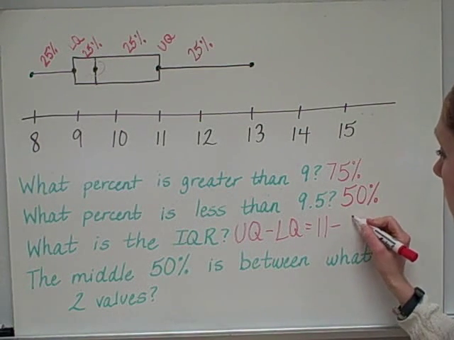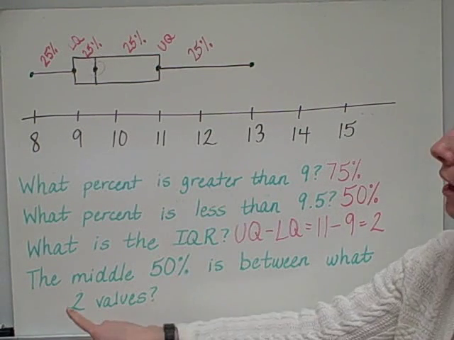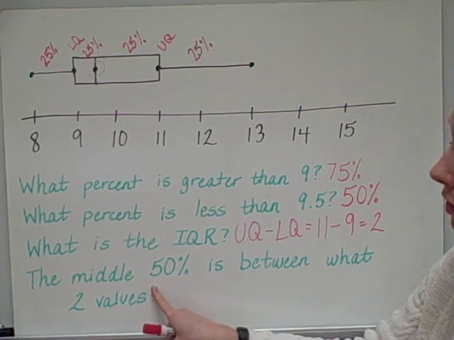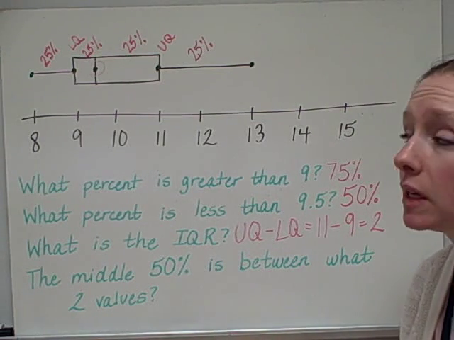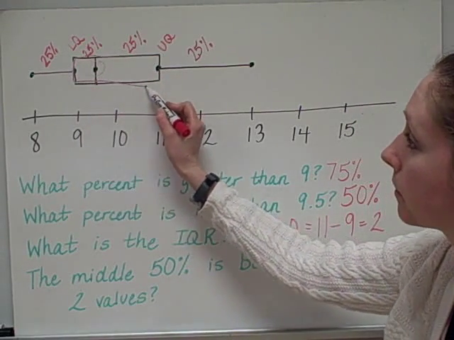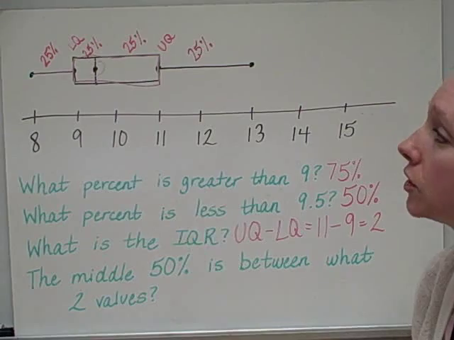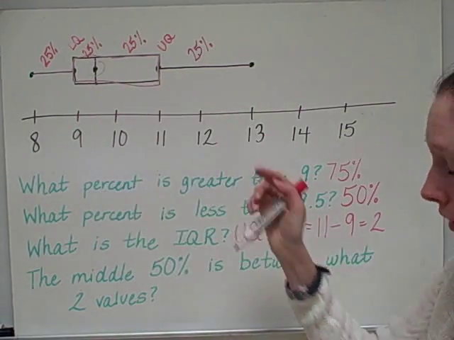So 11 minus 9 is 2. The middle 50% is between what two values? The middle 50%, guys, is talking about the box. So the middle 50% is between 9 and 11.